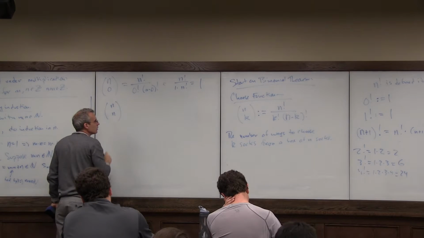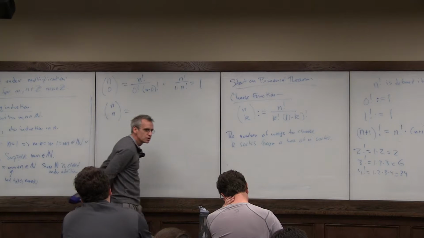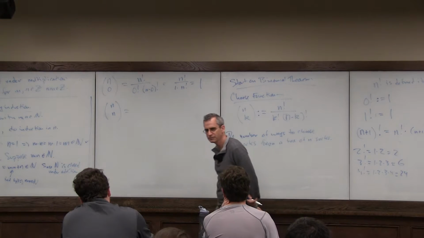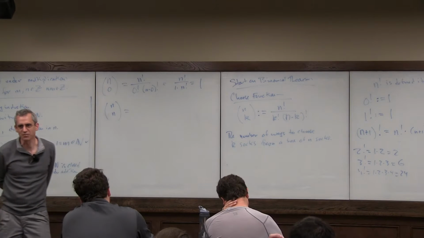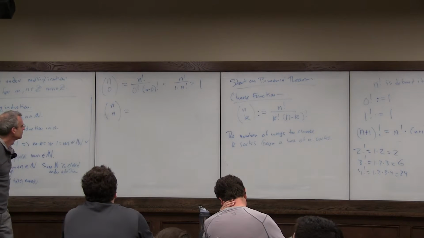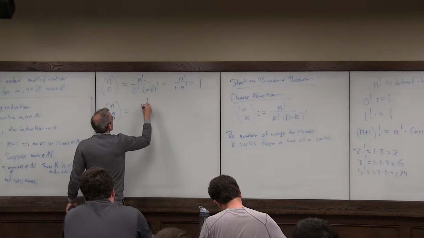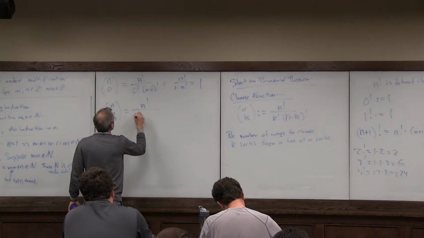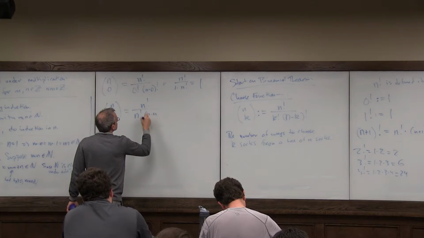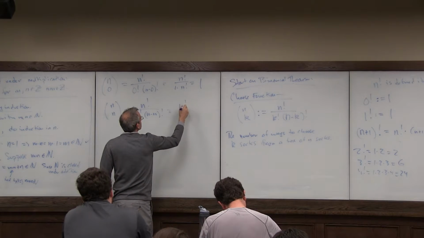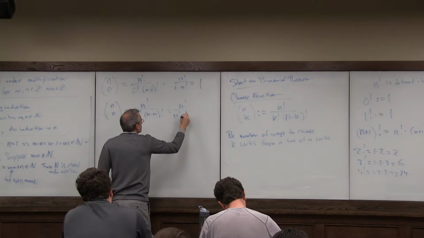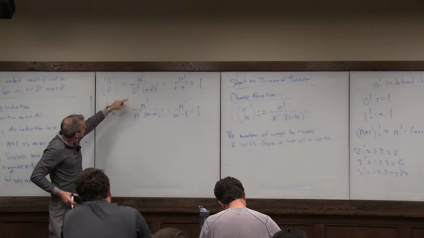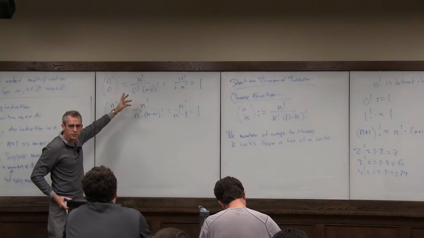choose n. So how many ways can one choose n socks out of a box of n socks? Exactly 1. You just pick them all. And I want you to notice that these two things are completely symmetric.